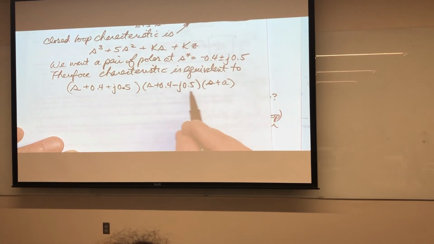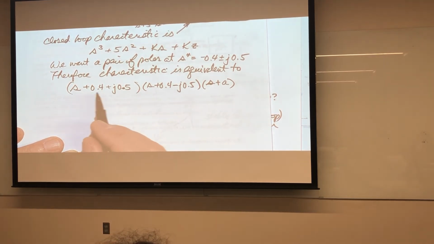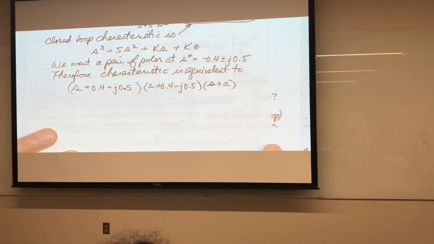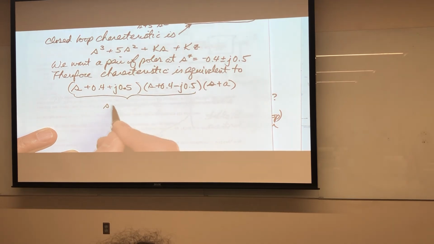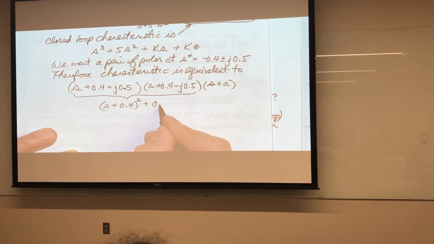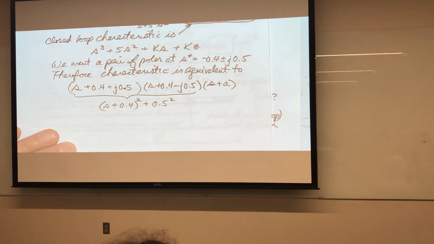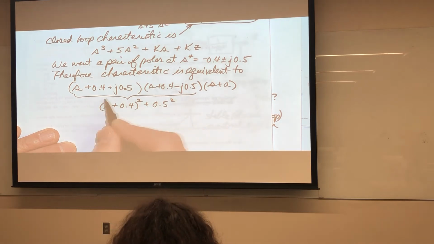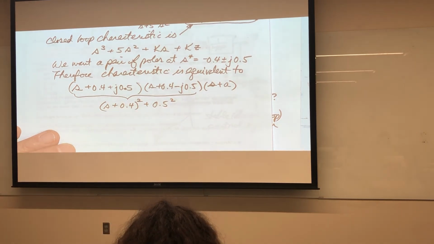So let's clean up this part a little bit here, because I don't like to deal with complex numbers. And so this is the same thing. Do a little bit of algebra. This is the same thing as s plus 0.4 quantity squared plus 0.5 squared. That's these 2 factors taken all together.